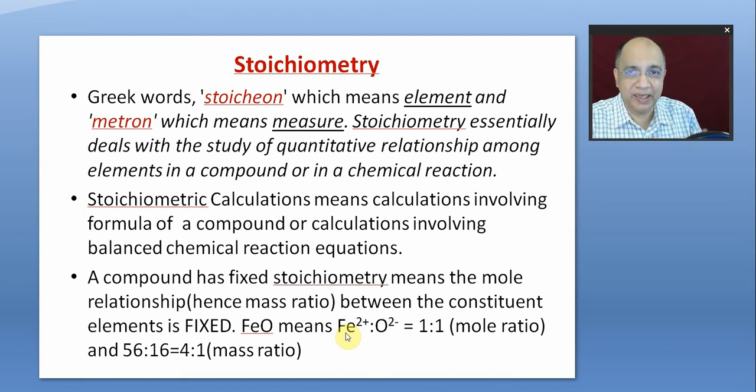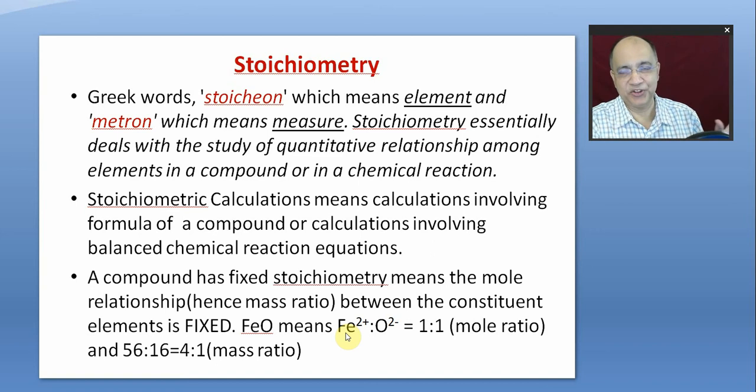Or in a reaction, the stoichiometry is always there. That means there is conservation of mass, so that the total mass of the reactant should be equal to the total mass of the products, right? And that is the stoichiometric relationship between the reactants and products.